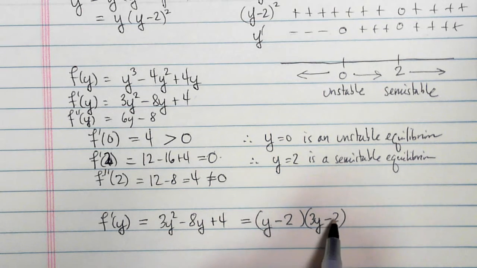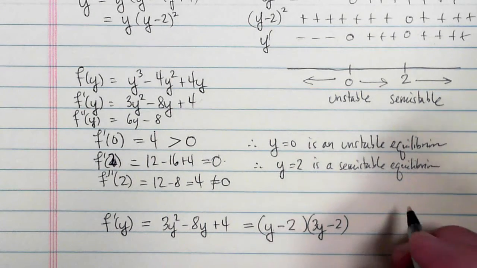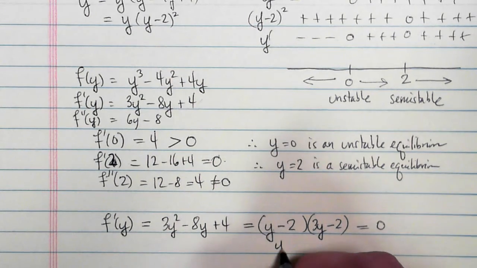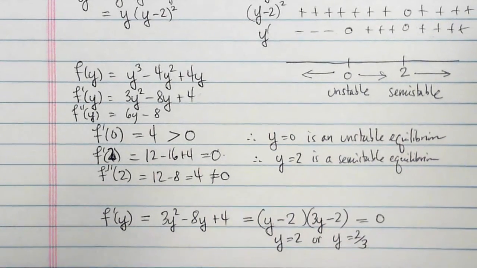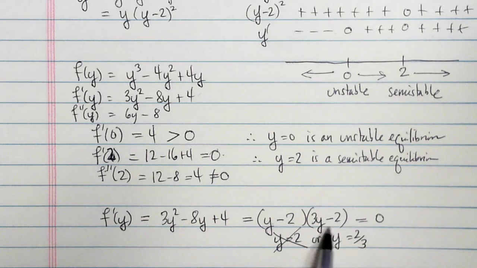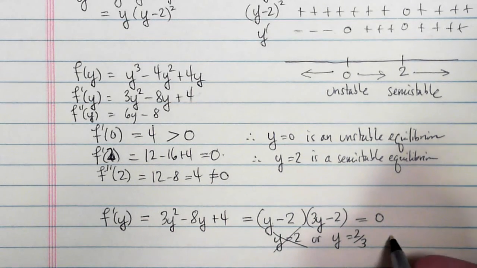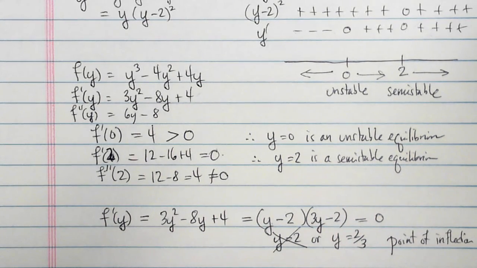So 3y squared plus 4 here, and then we have minus 6 minus 8 here. So if I set this equal to 0, that gives me y equals 2, or y equals 2/3. Now this one doesn't count because 2 is an equilibrium point, but y equals 2/3 is going to be my point of inflection when I draw the picture.